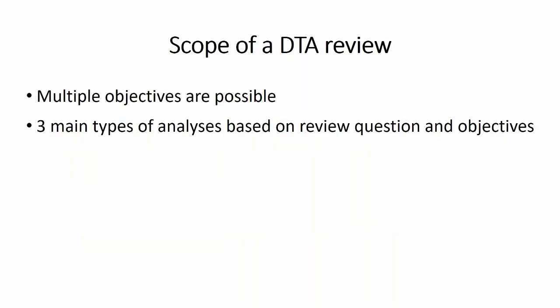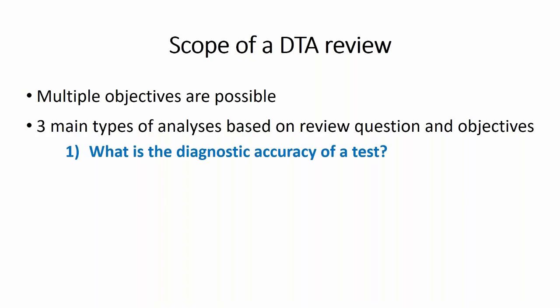So in terms of the scope of a DTA review, whether it's a Cochrane DTA review or not, multiple objectives are possible in one review. And there are three types of analyses that are based on the review question and these objectives. The first one is, what is the diagnostic accuracy of a test? This is a review that addresses just one test.